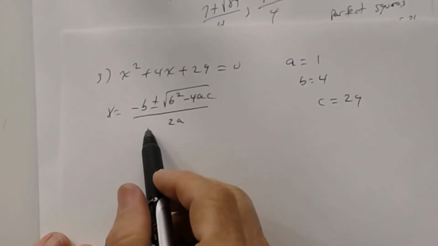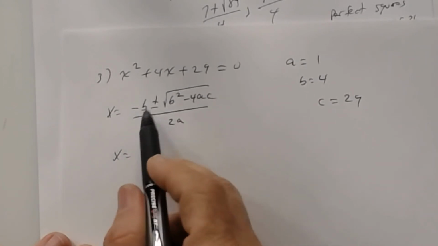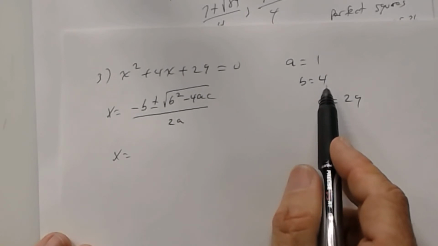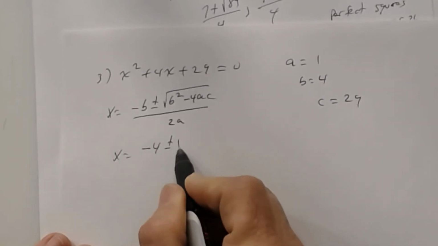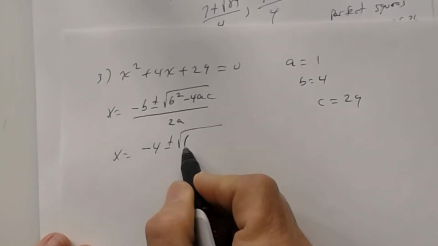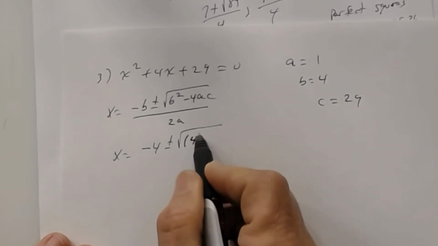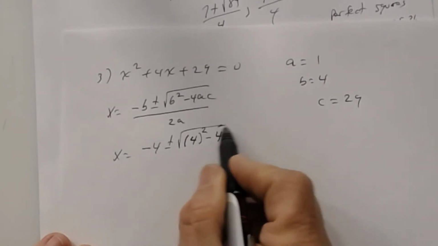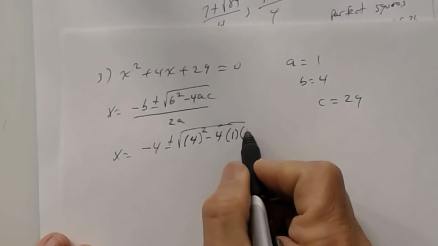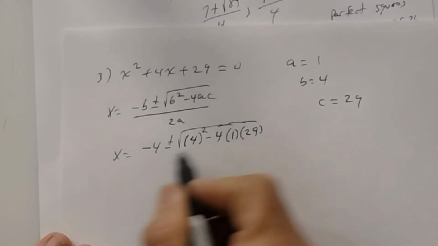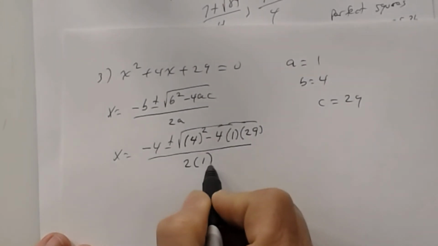All right, so let's plug in now. X equals the opposite of b. What is b in this case? 4. Opposite of that is what? Negative 4. Plus or minus the square root of, in parentheses, b, which is 4 squared, minus 4 times in parentheses a, which is 1, times in parentheses c, which is 29, all over 2 times a, which is 1.